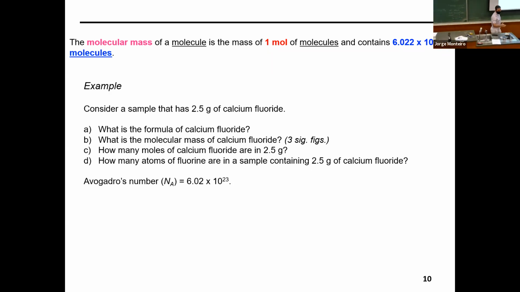You can always move the decimal point to make 3.6 times 10 to the 22nd. All right.